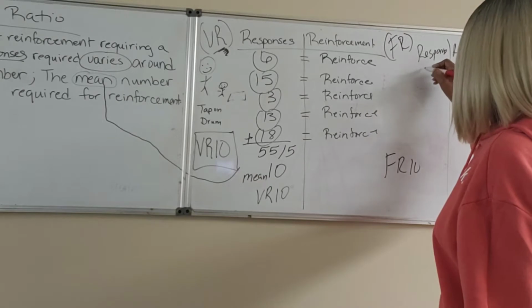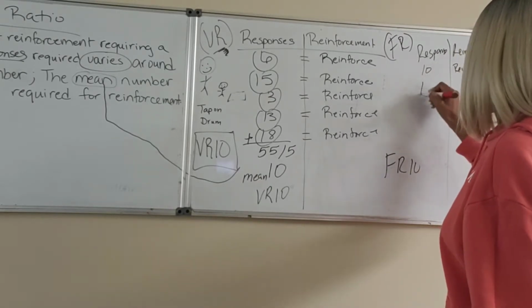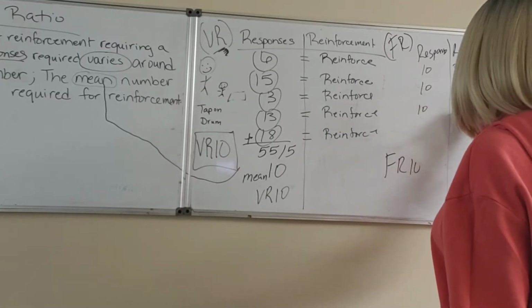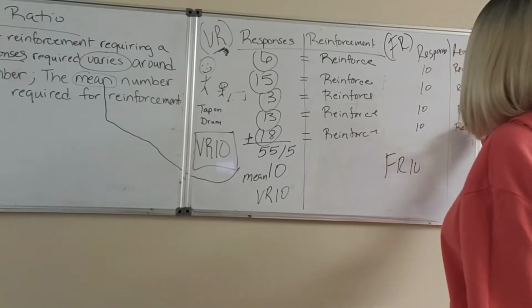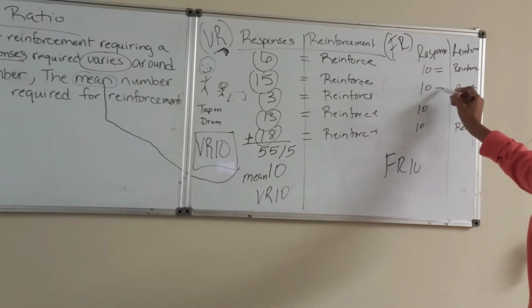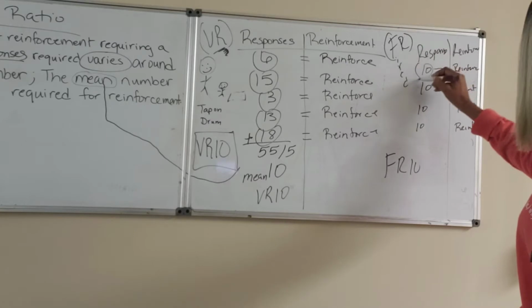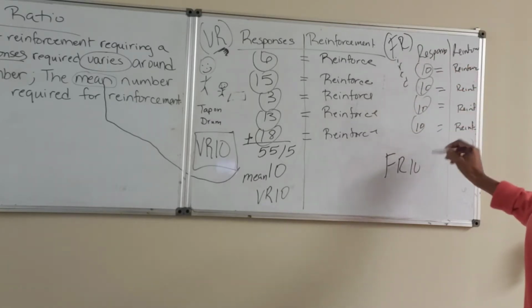It's going to be this: 10, reinforce, 10, reinforce, 10, reinforce, 10, reinforce. So no matter what they do, they're going to do 10 responses every time because it is fixed. The 10 is fixed. So 10 responses, 10 responses, 10 responses.